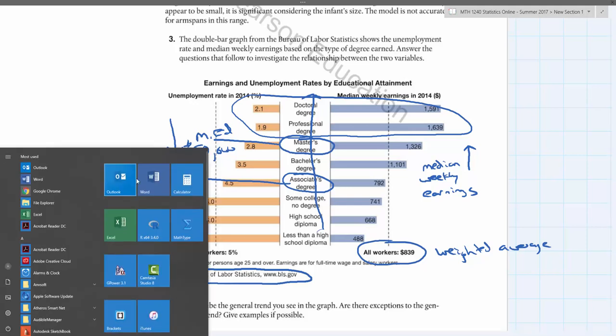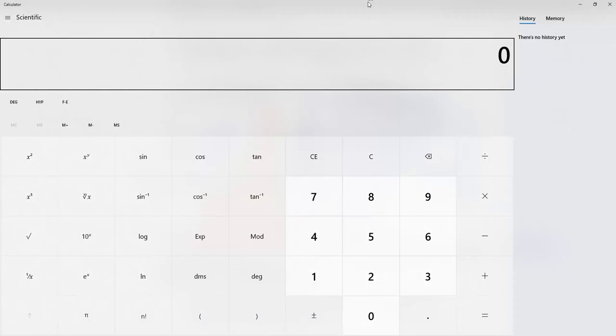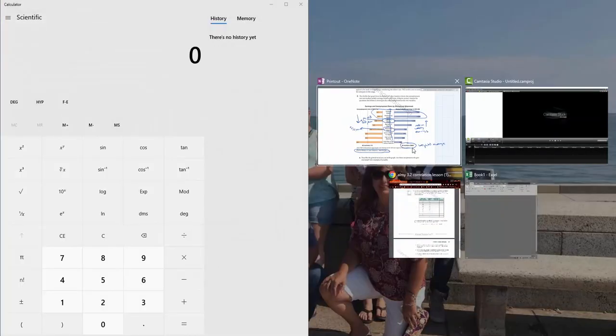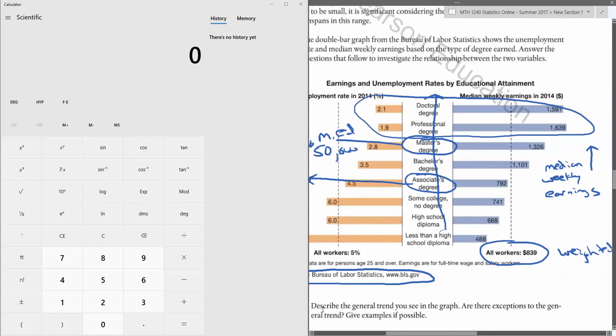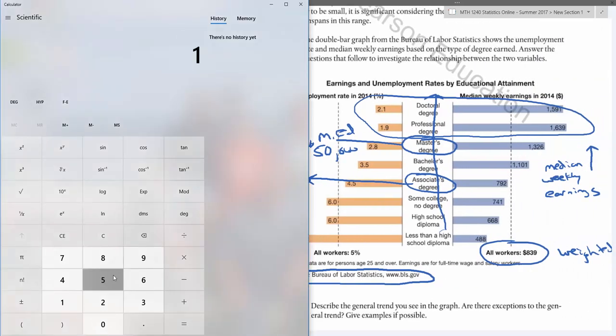If I open up my calculator and take 1,591 and divide it by 40 hours, we get the hourly rate, which is 39.775. So for the hourly rate, you're just going to take each of these and divide by 40.